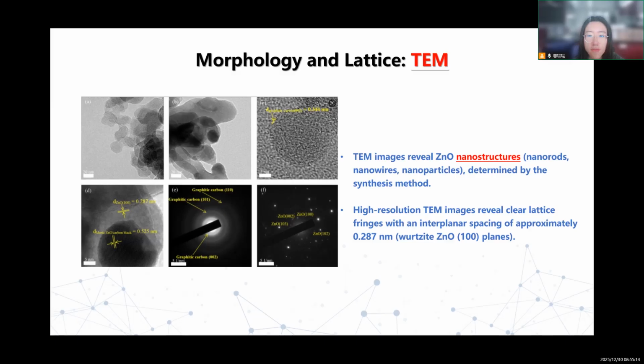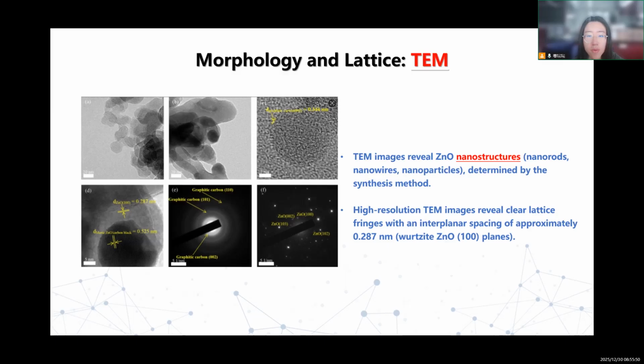They have nanorods, nanowires, and nanoparticles, determined by the synthesis methods. The nanostructures have a high surface area to volume ratio, making them suitable for sensing and photocatalysis. Preferred growth orientation results in good crystallinity.